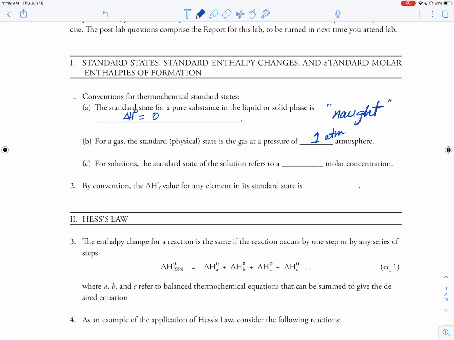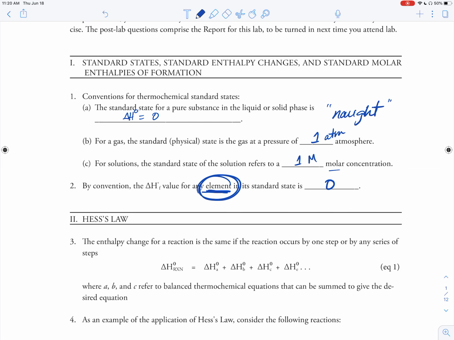For a solution, the concentration is going to be 1 molar, and we might write that as a capital M. And by convention, if you're talking about the formation of a substance from its elemental form, then the delta H value of any element is 0 as well.